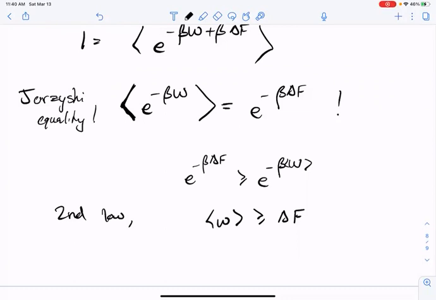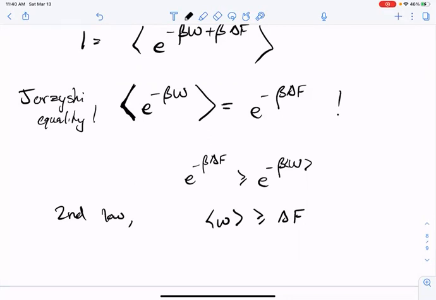Now there's a trade-off, of course. The fact that this is an exact result comes at a cost. If W is large, if the work is large, if I'm doing this macroscopically, there is little chance that I will be able to actually see the rare fluctuations in the work that would make this equality valid.